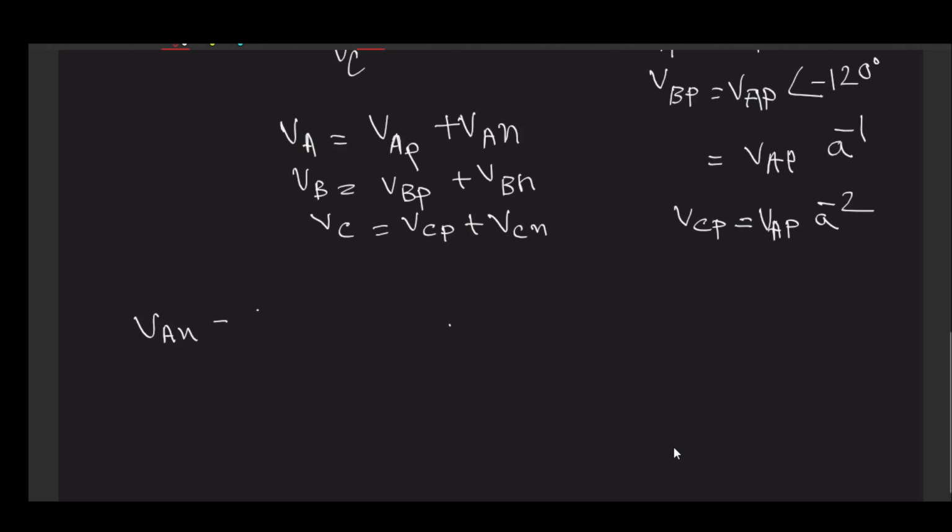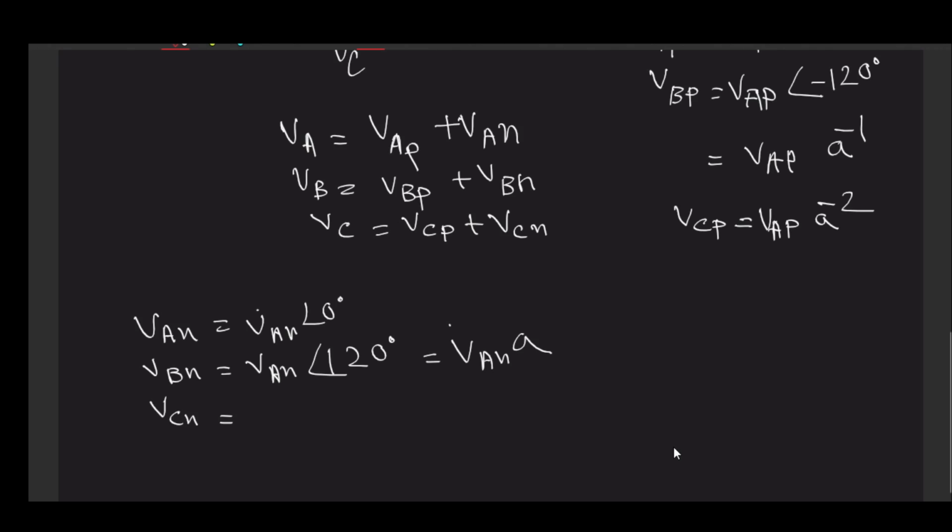And similarly we can write VAN is equal to VAN angle 0, then VBN is equal to VAN angle plus 120 degree. So it is VAN A instead of A inverse. And VCN is equal to VAN angle plus 240 degree.